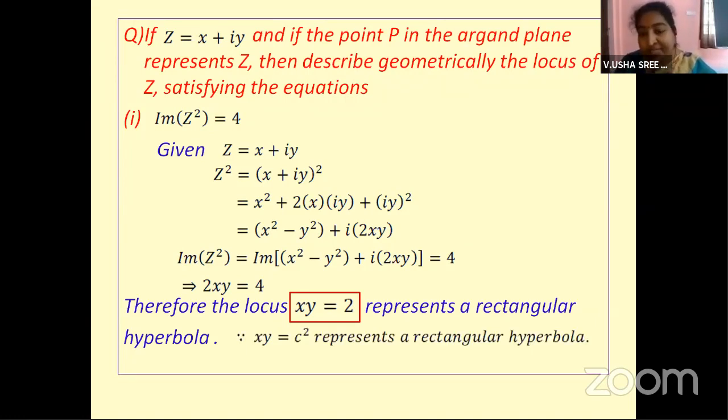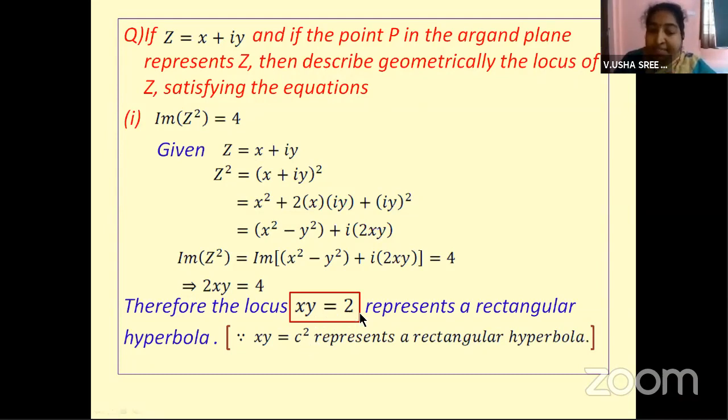We will see about this in detail when we talk about hyperbola concept. Okay, so this xy equal to c square also represents a rectangular hyperbola. Right, children? So two forms will be there for rectangular hyperbola. One such form is xy is equal to c square. Now, if you observe your locus, what you got, xy is equal to 2. I can always say xy is equal to root 2 whole square.